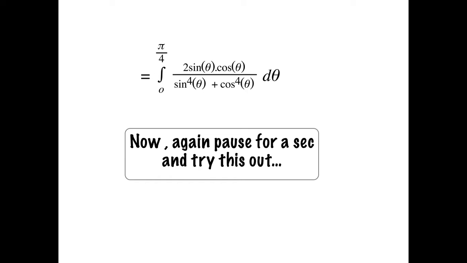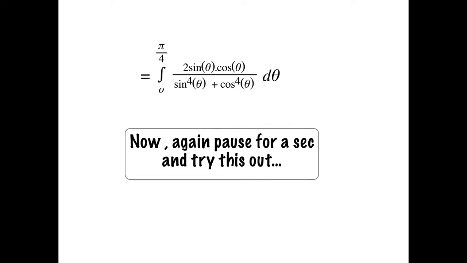And if you want to really understand this concept, then please pause the video and try this out, simplifying the stuff. I would like to give you a clue that after simplification, it will be in terms of tangent and secant terms. If you have got that, it's good. If you haven't got that, that's good as well, you can learn something new, right?